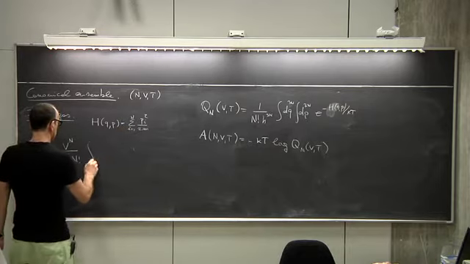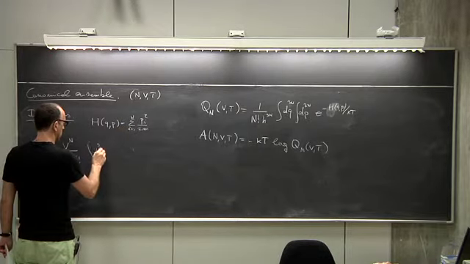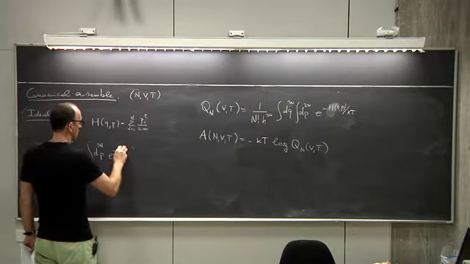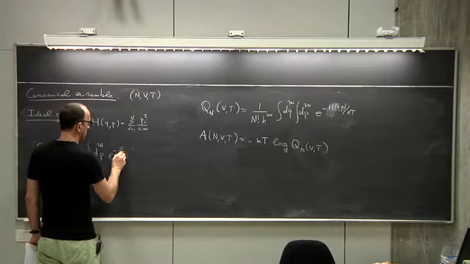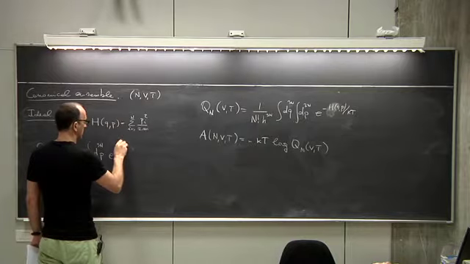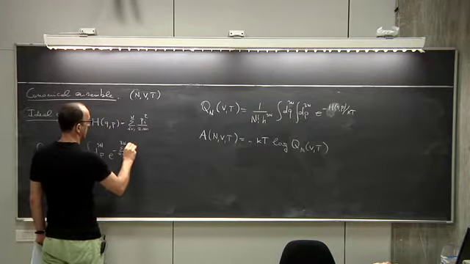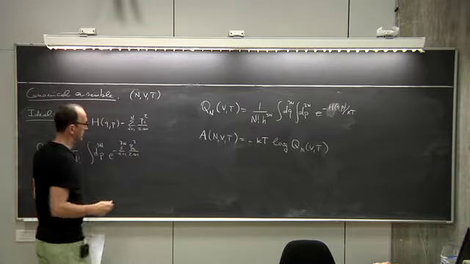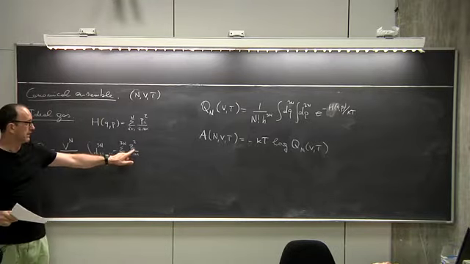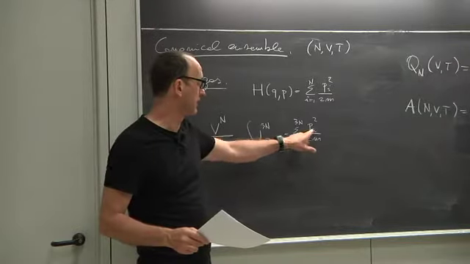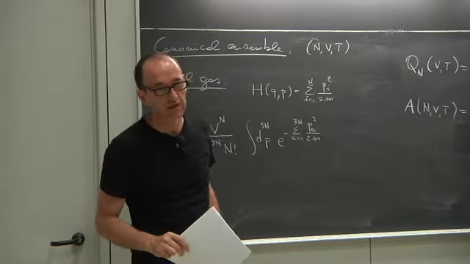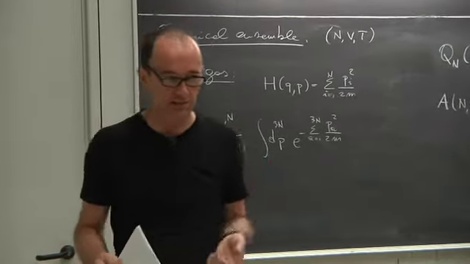And the integral over the momenta is just d^{3N}p e to the minus, in terms of the coordinates, I have just an expression which is this one, where p_a is one of the 3 coordinates of one of the N particles. Okay, I'm summing over all the coordinates and all the particles.